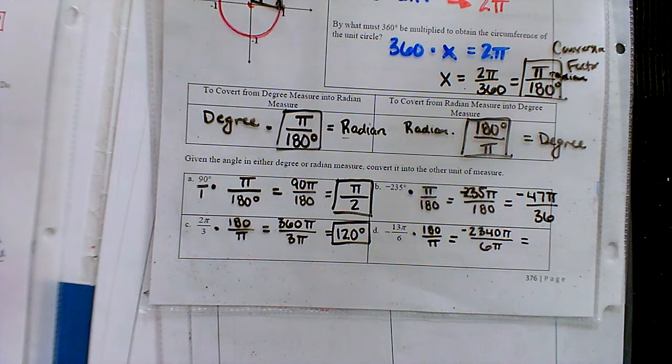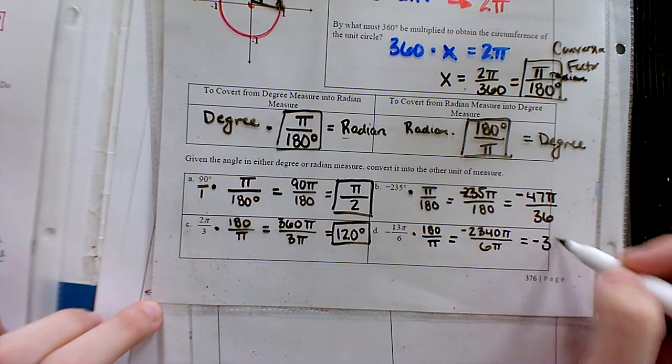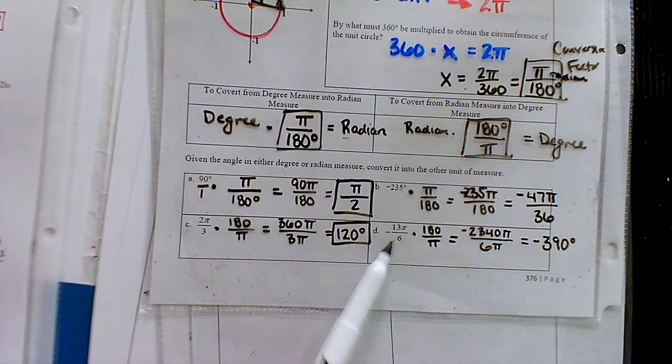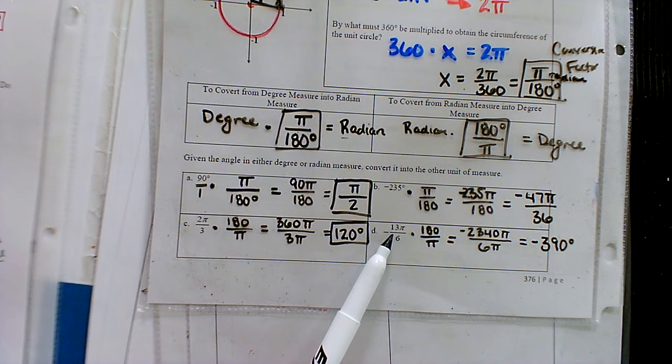What's our equivalent degree measurement? Did you get it? Negative 390. Negative 390 degrees. All right, so just looking at the radian, notice how if you just look at 13 over 6, isn't that a little bit more than 2? And we said 2 pi was equivalent to 1 full circle.